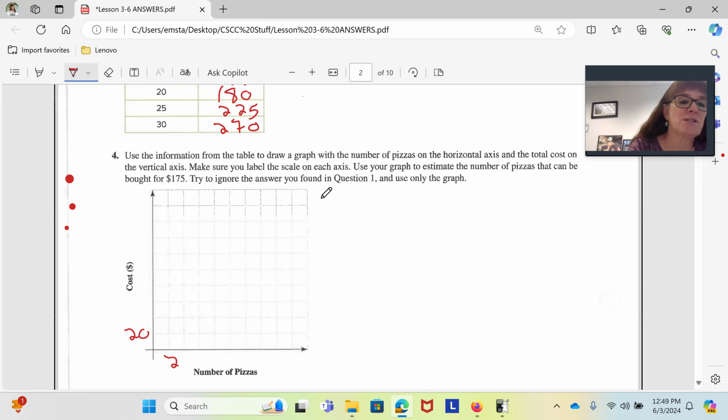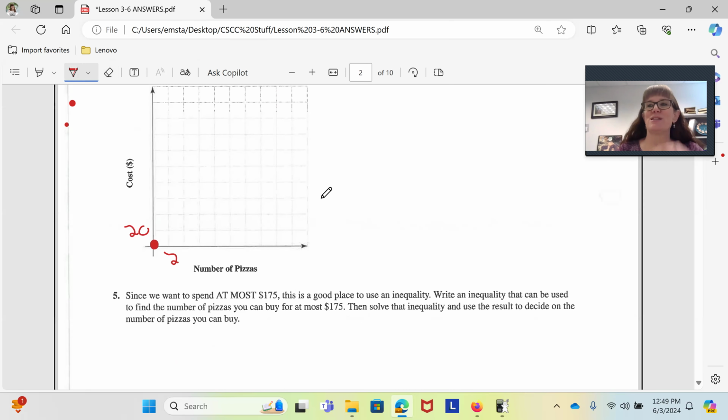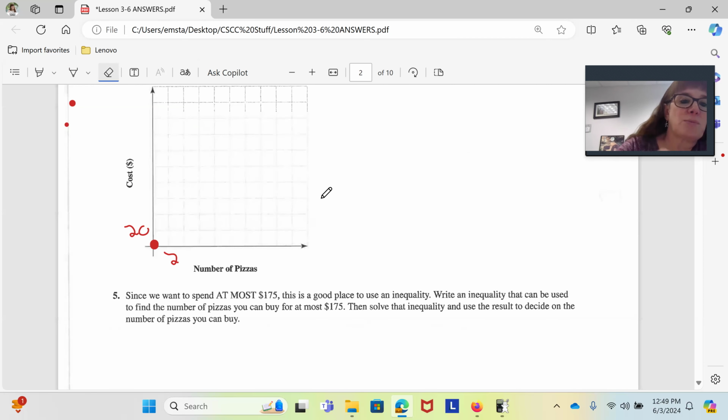We know 0 pizzas cost $0, so I put a point right there. And my hand moved, so let's do 1 point, not 2. I'm going to scroll this up a little bit. I write better when the screen's higher. 5 pizzas was $45, so 2, 4, 5, 20, 40. Sometimes my hand doesn't work well.